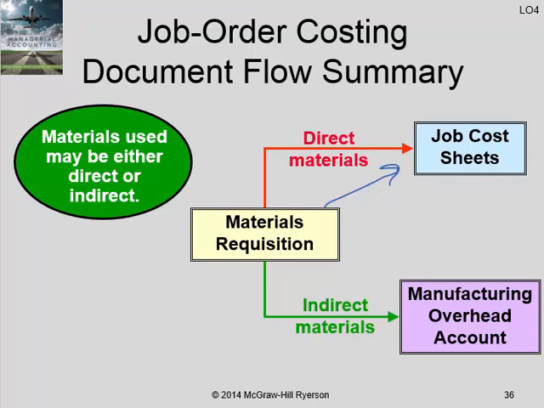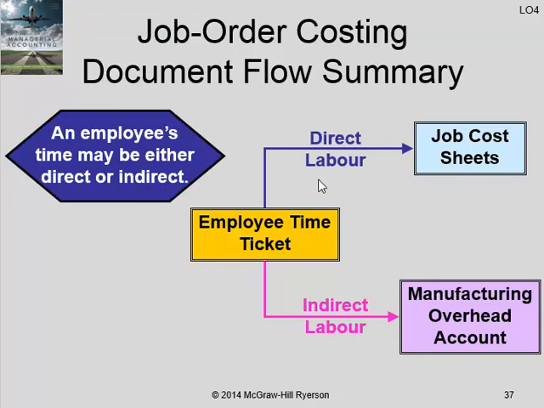And labor, same sort of thing. If it's direct labor, it can be traced to the job. It goes straight to the job cost sheet. Otherwise, it also gets dumped in the same manufacturing overhead account as the indirect materials.